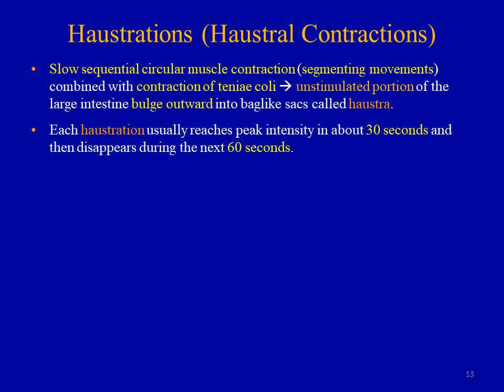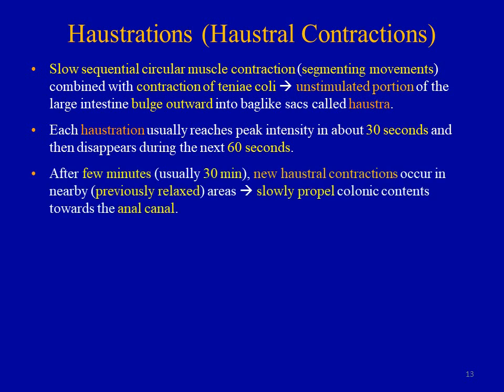Each haustral contraction usually reaches a peak intensity in about 30 seconds and then disappears during the next 30 seconds. So 30 seconds of contraction followed by 60 seconds or 1 minute of relaxation. After a few minutes, usually 30 minutes, new haustral contractions occur in nearby previously relaxed areas.